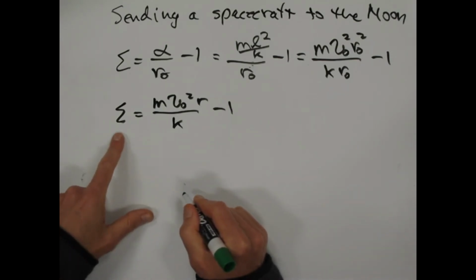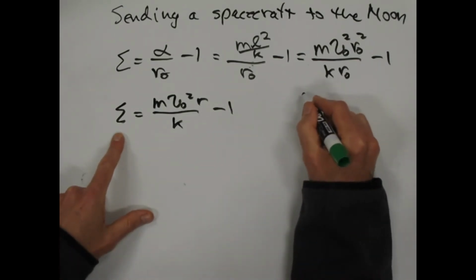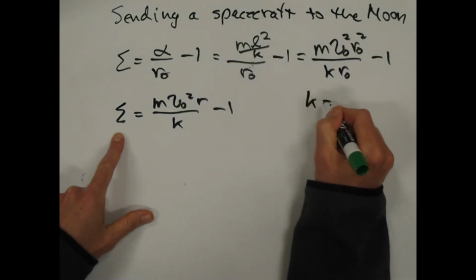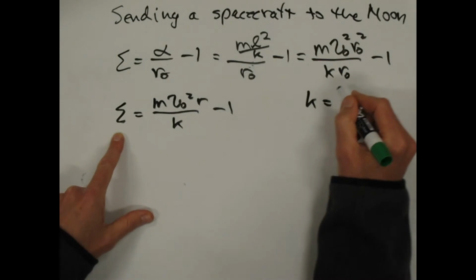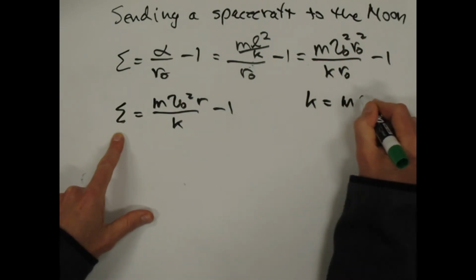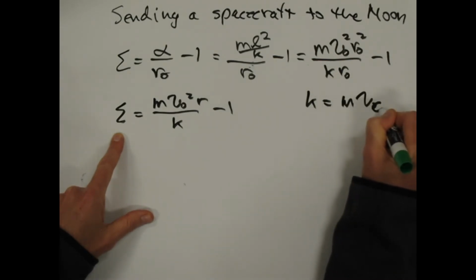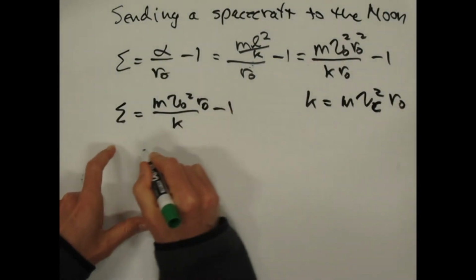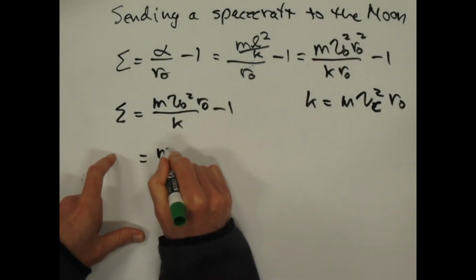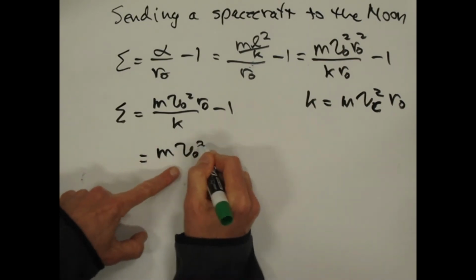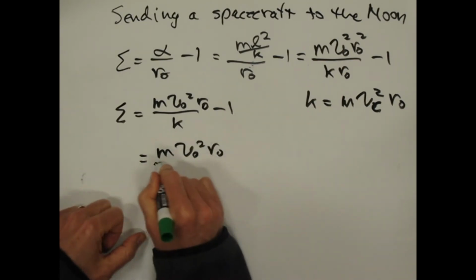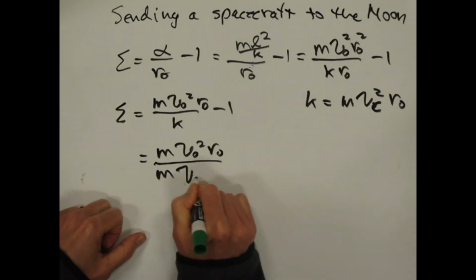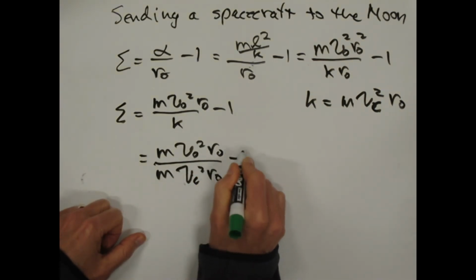And so the eccentricity, if I grab the k from earlier where I wrote k in terms of the circular orbit, equal to m vc squared r0, becomes m v0 squared r0, where v0 is my boosted speed, over m v circular squared r0, minus 1.